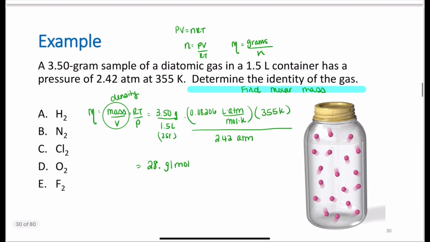Now I look at my possible answers here, and I'm like, oh look, they're all diatomics, which means this mass is the molar mass of a diatomic. Again, it does say diatomic here as well. So I have to divide this by 2. I get 14.01, which is the atomic weight of nitrogen. The molar mass of N2 is 28.02 grams per mole. So I know that this is N2.